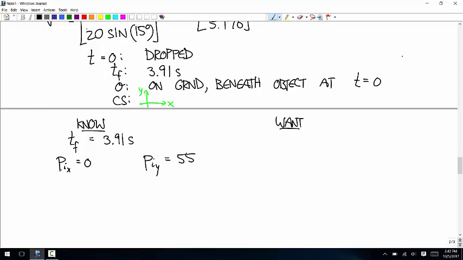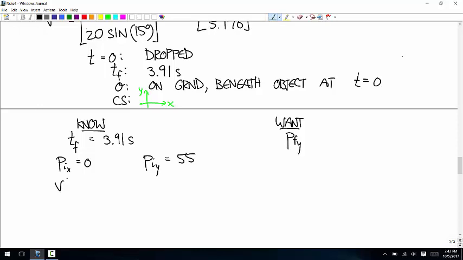Do we know anything about P final? Remember now, we're not talking about the object, we're talking about the helicopter. So we don't, and what we're trying to find is PFY. Do we know anything about the initial velocity? Yep.